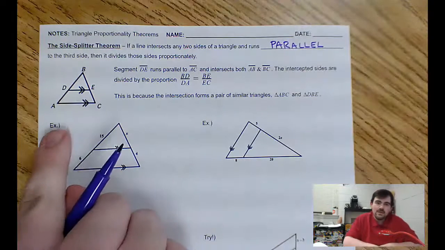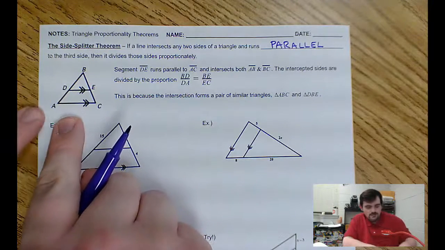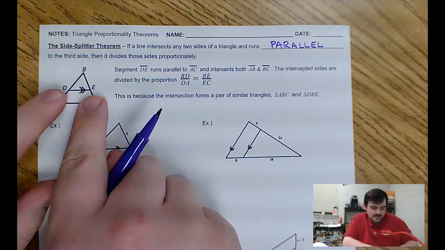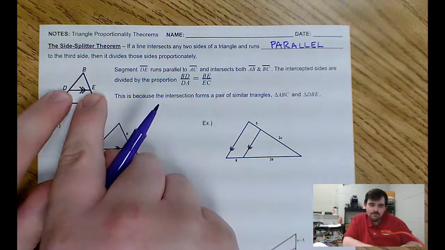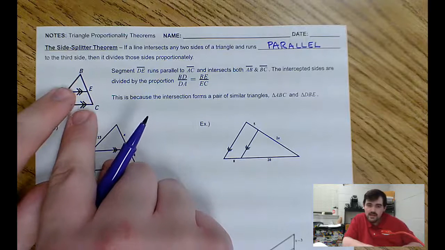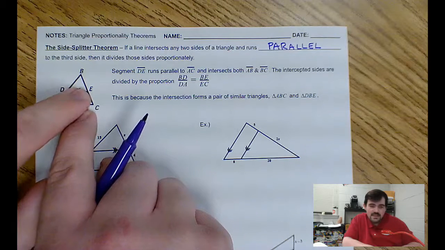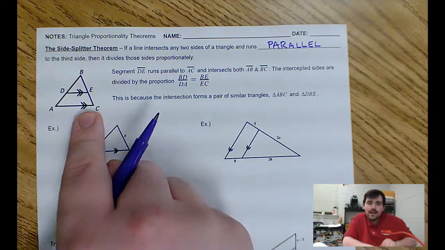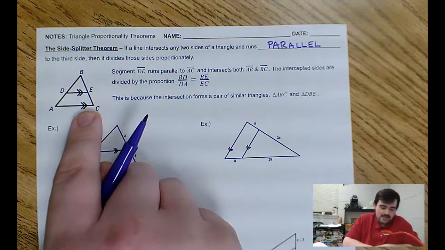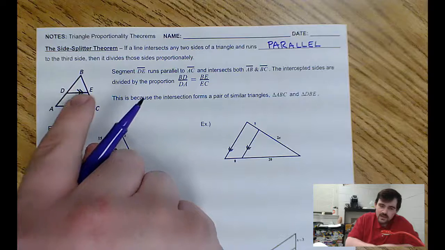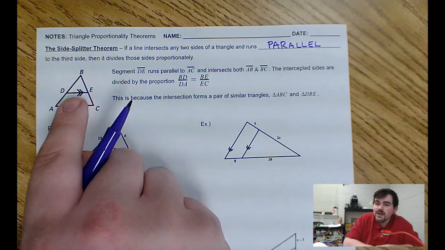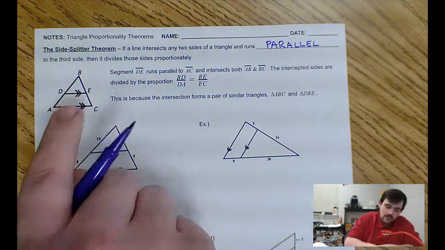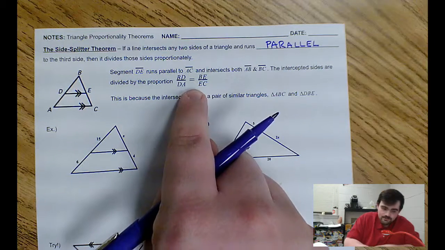So look at this figure right here. I have triangle ABC and it is intersected by the line segment DE. Now these arrows say segment DE is parallel to the third side of the triangle. What happens here is the sides that are intersected by this line segment are divided proportionally. So, here is the proportion.